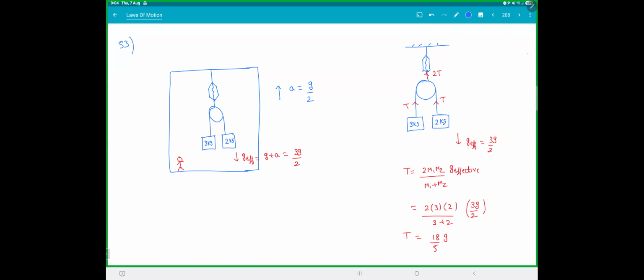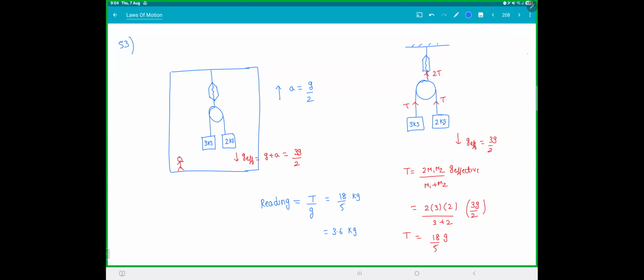But remember one thing, the spring doesn't care what G effective is. The spring is designed to always show you T by G. So the reading of the spring balance is tension by normal gravity, not G effective. Because when you design the spring and the machine, you thought you're going to use it on Earth. So this comes out to be 18 by 5 kgs, which is 3.6 kgs.